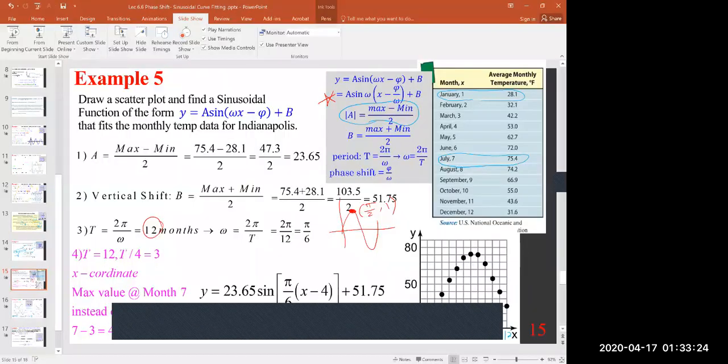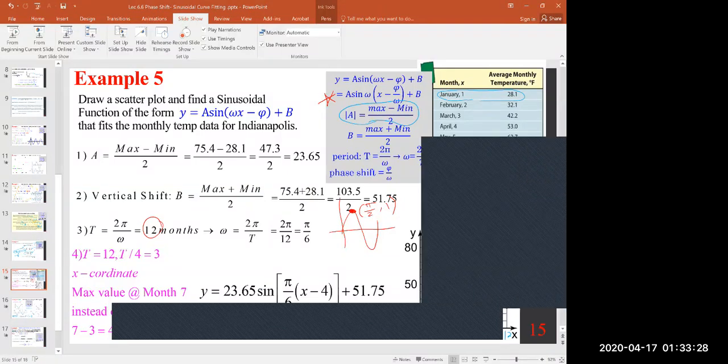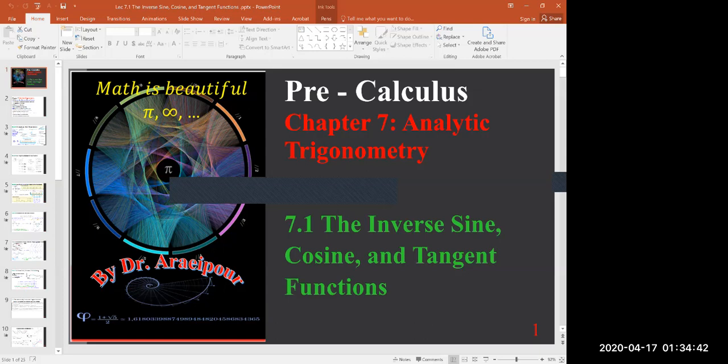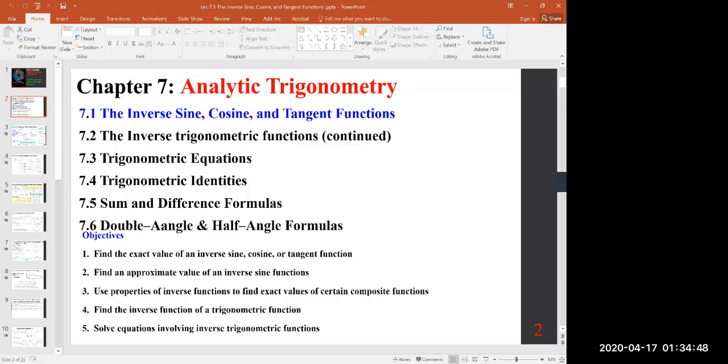We want to go to the next section. All right, class. So we covered chapter 6, and so we're going to go to chapter 7. In this section, we are going to look at inverse trigonometric functions.